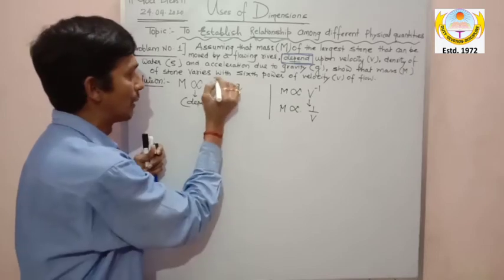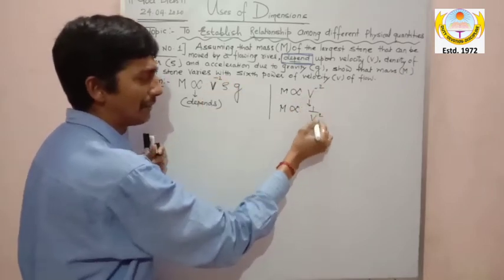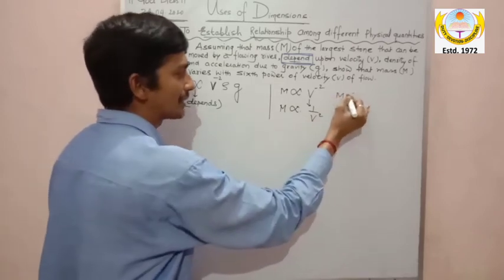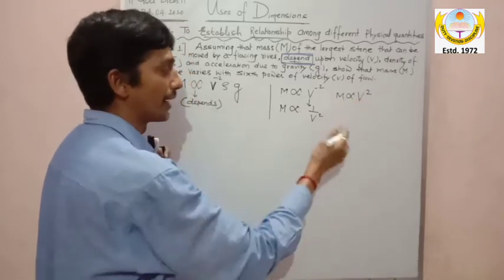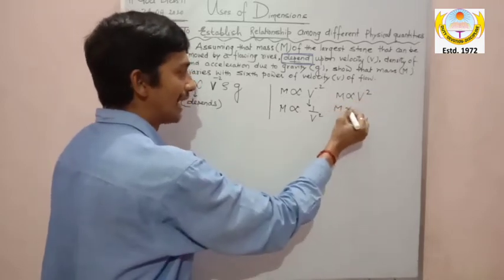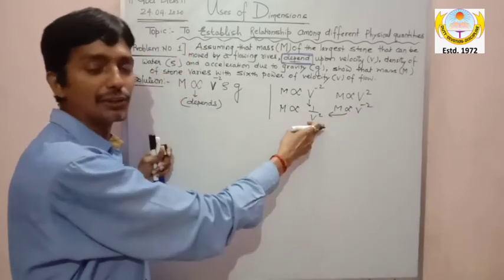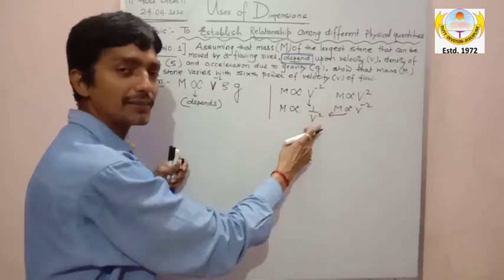If it is negative power 2, it will be 1 by v square. So now your statement is changed. Earlier, if mass is directly proportional to v square, you will say mass directly to v square. But if it is like this, then your answer will be mass inversely to v square, because v power minus 2 can be written as 1 upon v square.